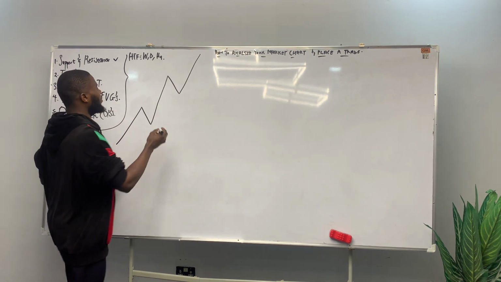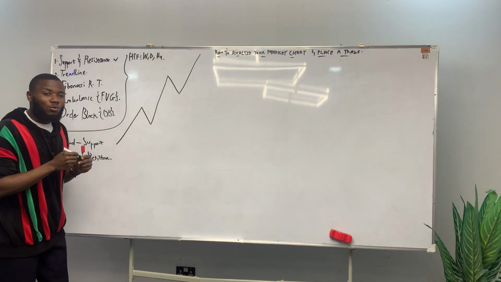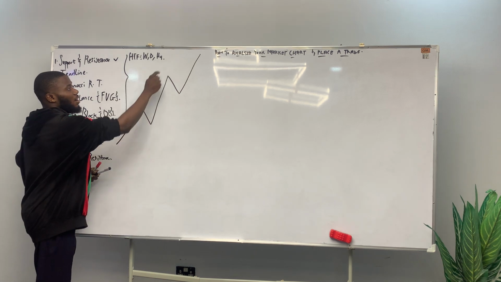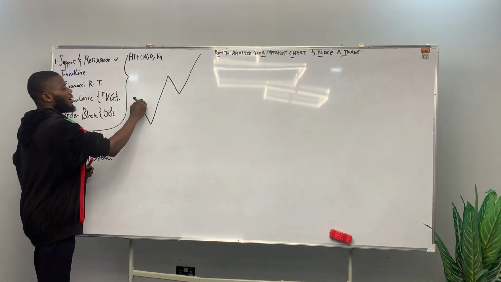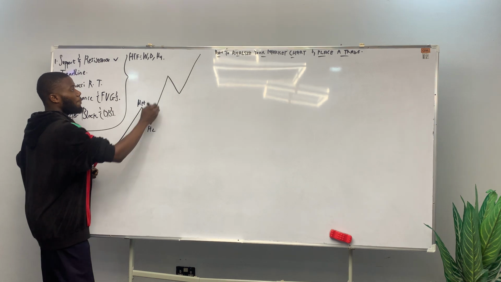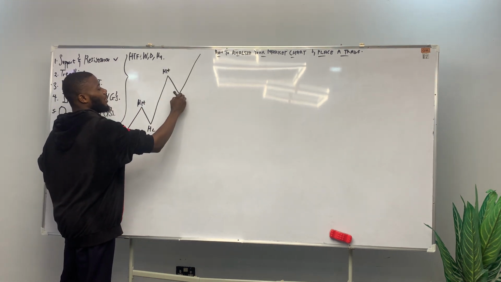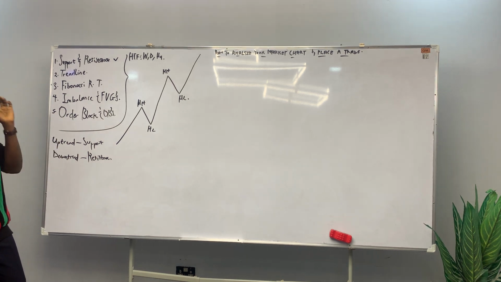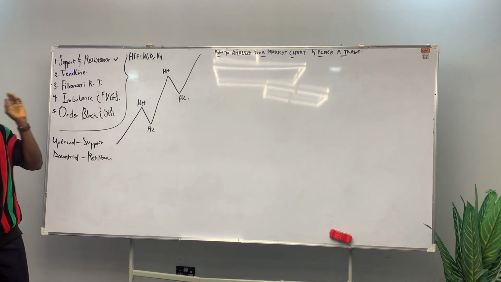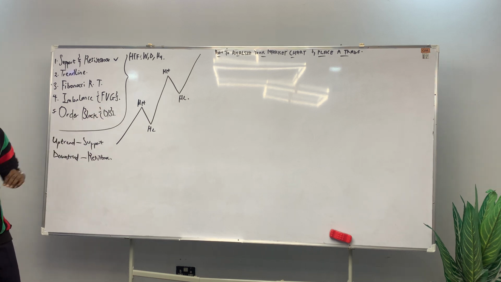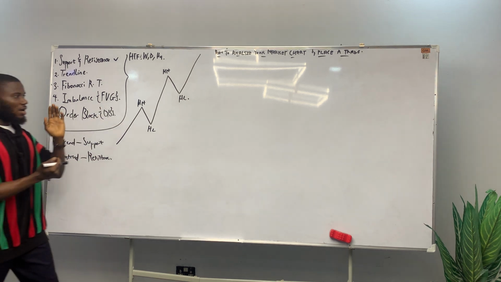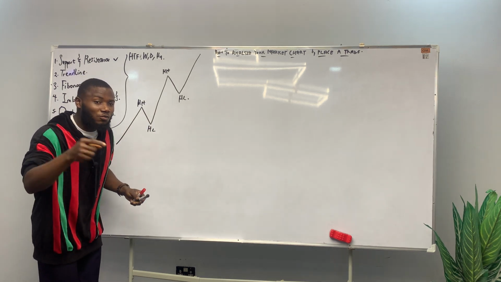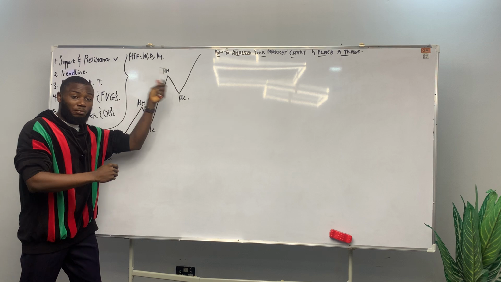I told you that the support zone is at the previous high, the higher high, higher low. So since it's an uptrend, I'm using support, which means I have to get my support zone, and it's gotten from the HH, the previous high.